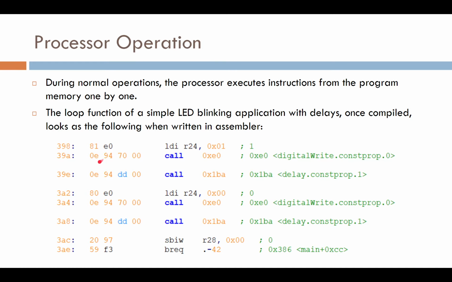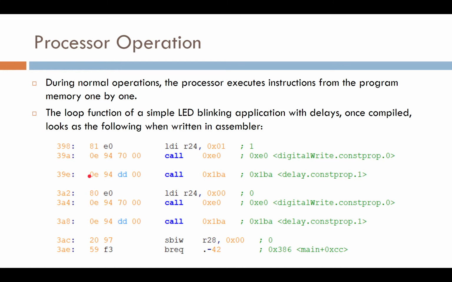Okay, then the second line is the calling. So 0E94 is a 2-byte call to address 7000 hexadecimal, and that's where the digital write subroutine starts. When the subroutine is done, the execution returns to the next line here.